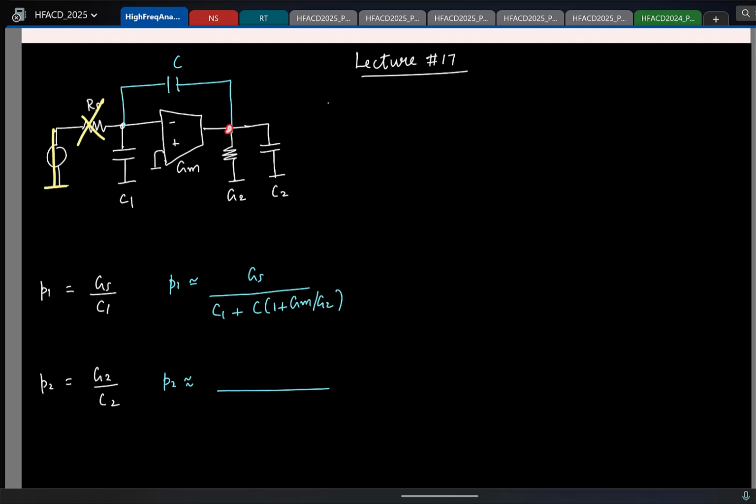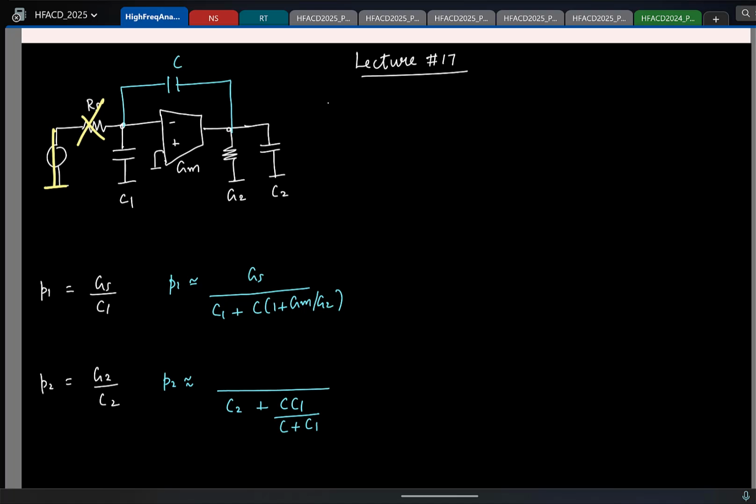If I look at the output, I have this capacitor C2 that comes in parallel with the series combination of these two capacitors. So the total will be C2 plus the series combination of C and C1.